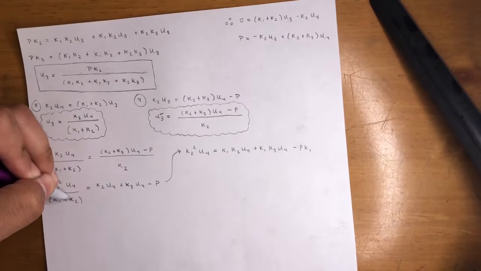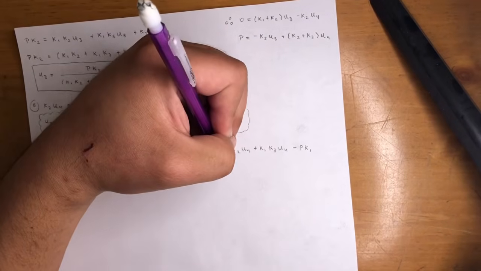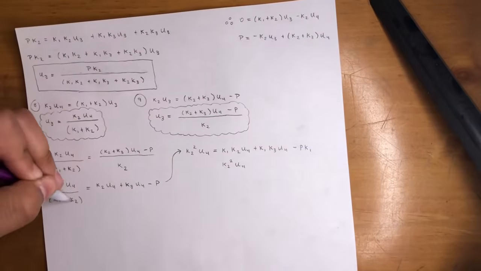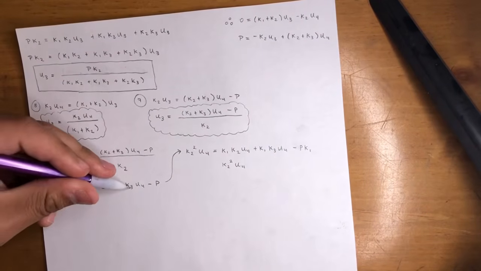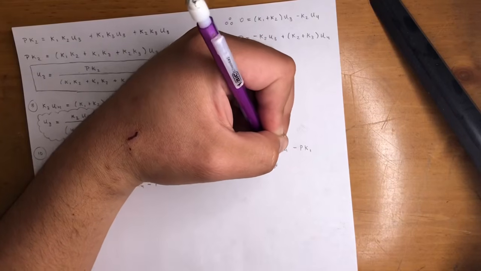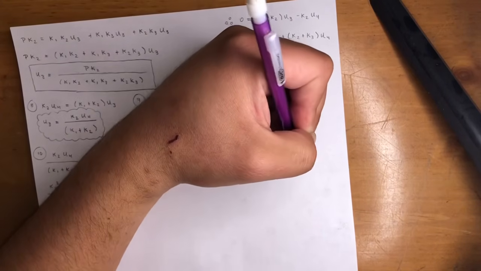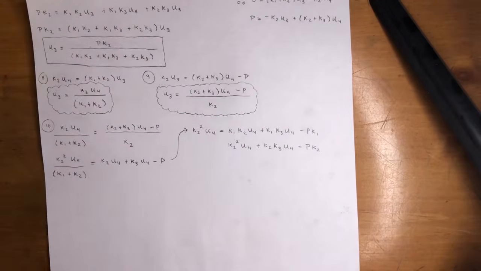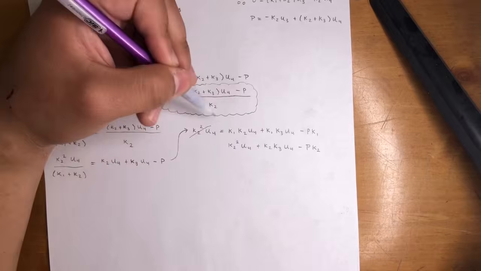Then the same thing now for K2. So it becomes K2 squared U4, then K2 times this one, plus K2 K3 U4 minus PK2. All right, we're almost there. This cancels out with this.